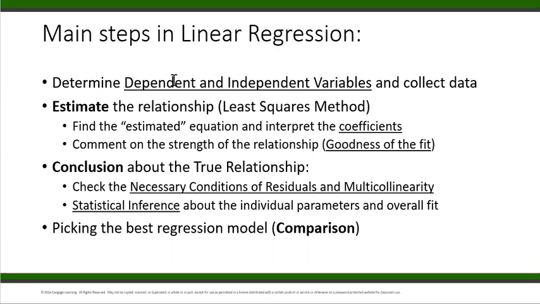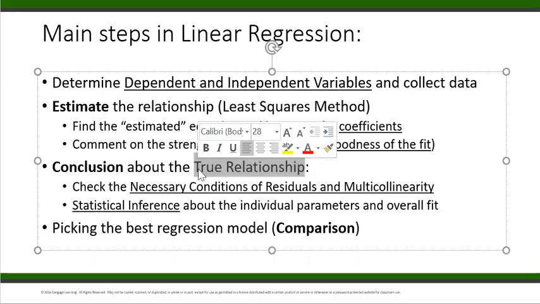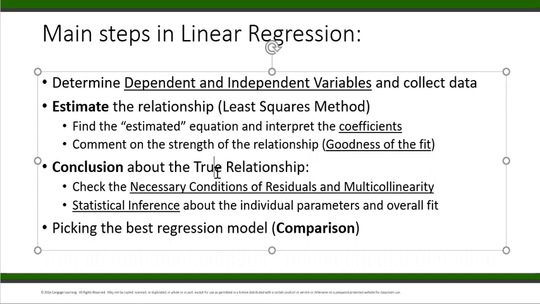Next step would be to estimate the relationship. So what we want to know at the end of the day is the true relationship between x and y, between y and x or x's. We want to understand the true relationship between x and y, but in order to be able to do that, we're taking a sample and we are estimating the relationship.